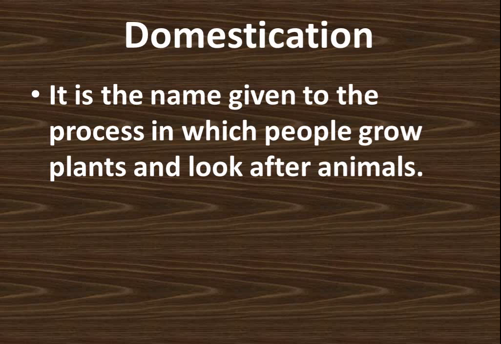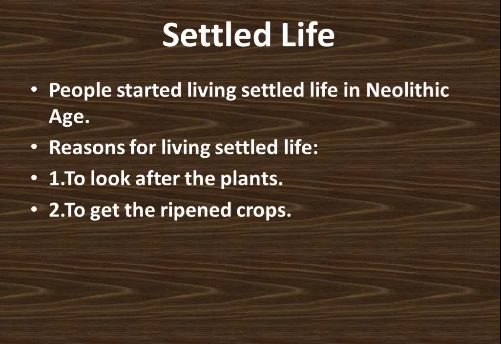As the environment changed and became warmer, due to different changes in the environment, the people of this time started taking care of animals, looking after them, and growing plants also. That process was known as domestication.